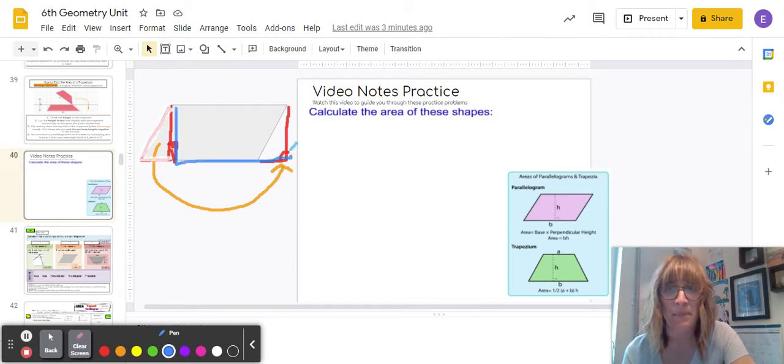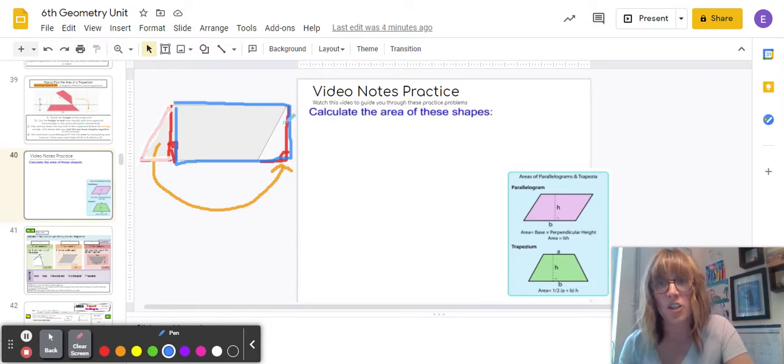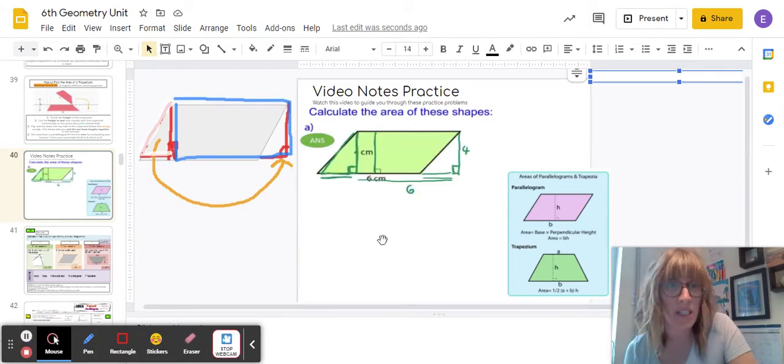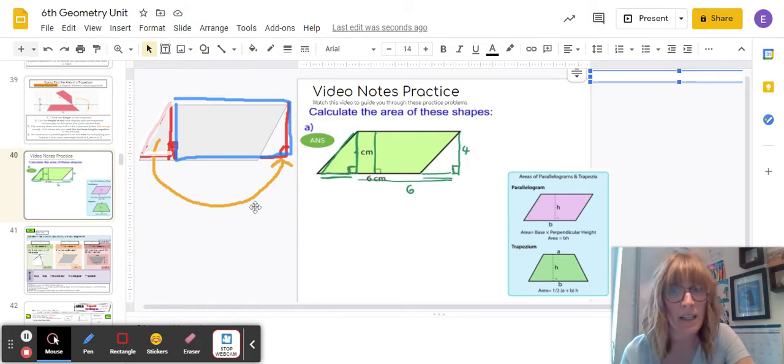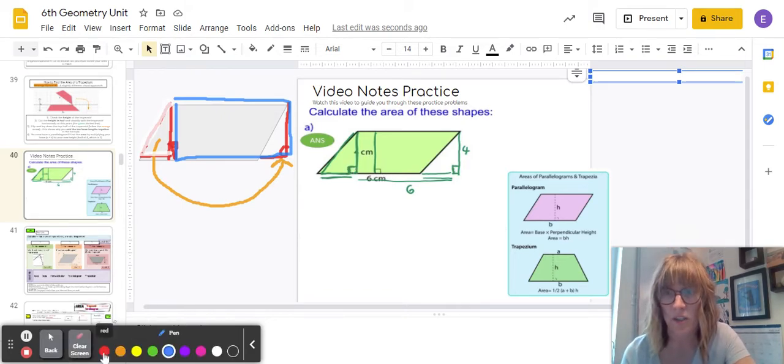So this is another sort of proof as to why the area of a rectangle and the area of a parallelogram are essentially the same. So you can think about taking this specific parallelogram here with a height of 4 and a base of 6, and you can see that we essentially moved this triangle over here to create this bigger rectangle shape.